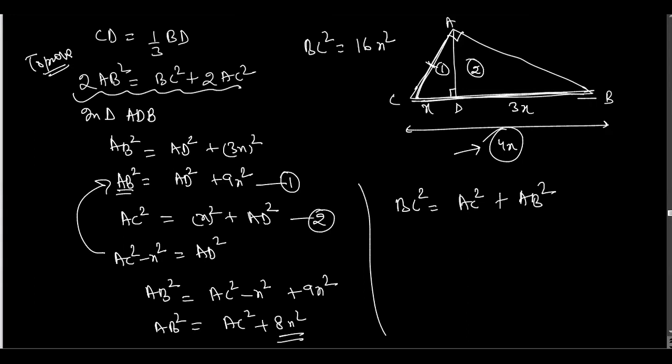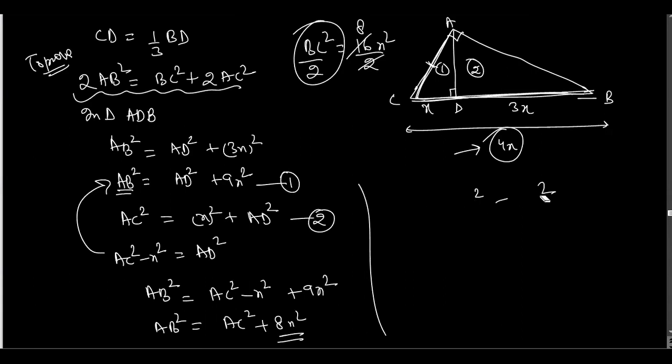So the square of this one is 16x square. The value of BC square is equal to 16x square. So if I divide it by 2 here and here also, it will get 8x square. So BC by 2 square is actually equal to 8x square.